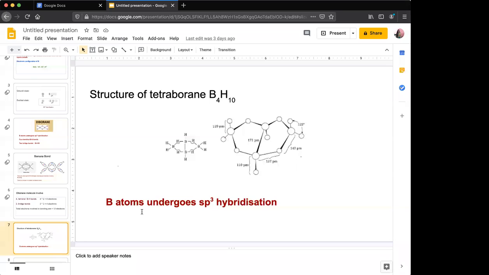And the boron atom undergoes sp3 hybridization as in the diboron molecule. So see here, 1 BH bond, this is the second BH bond, so 2, this is 3, 4, 5 and 6. So 6 BH bonds are there and 4 bridging bonds.